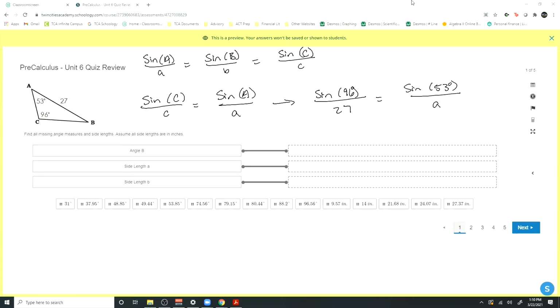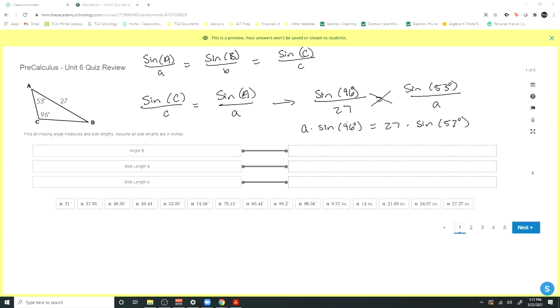To solve this, I'm going to cross multiply. I like to do my unknown part first. So a times the sine of 96 equals 27 times the sine of 53 degrees. And I'm solving for a.